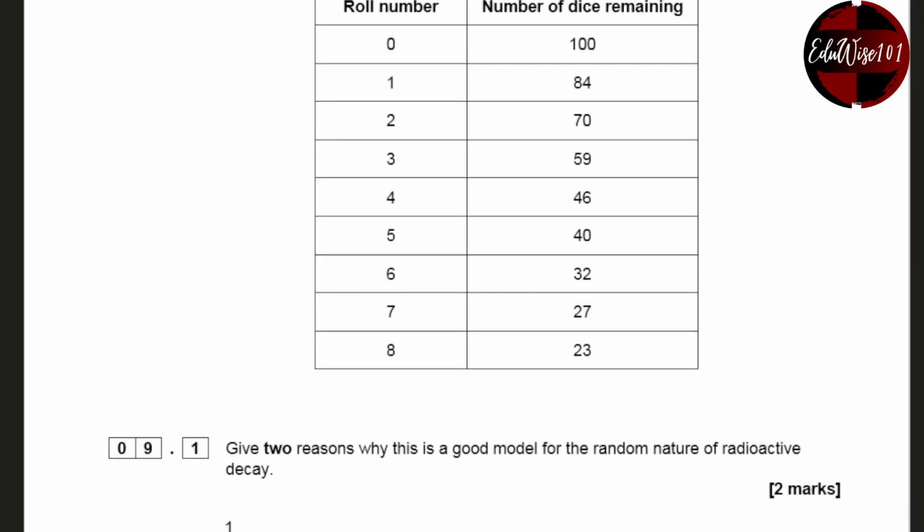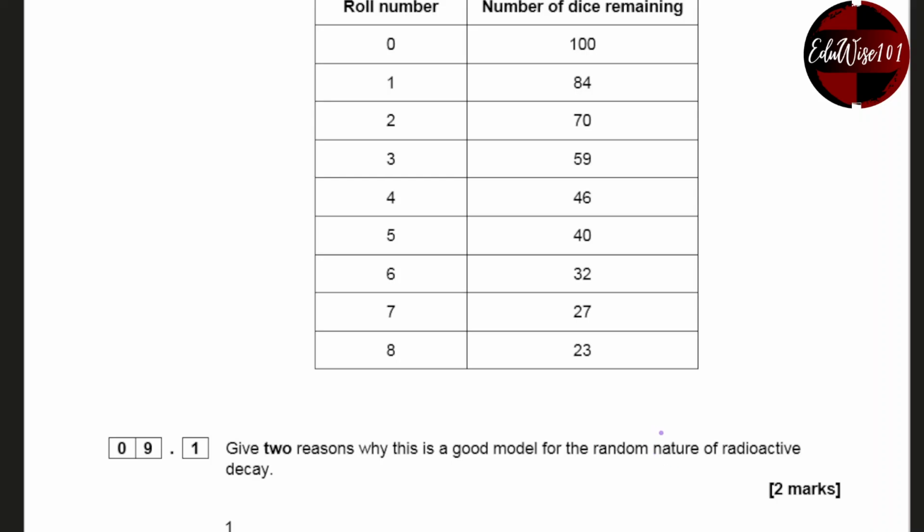Give 2 reasons why this is a good model for the random nature of radioactive decay. Every single time a die lands on 6, he's not putting it back, he's removing it. That's why the total number is going down every time he rolls the die. Why is this a good model?